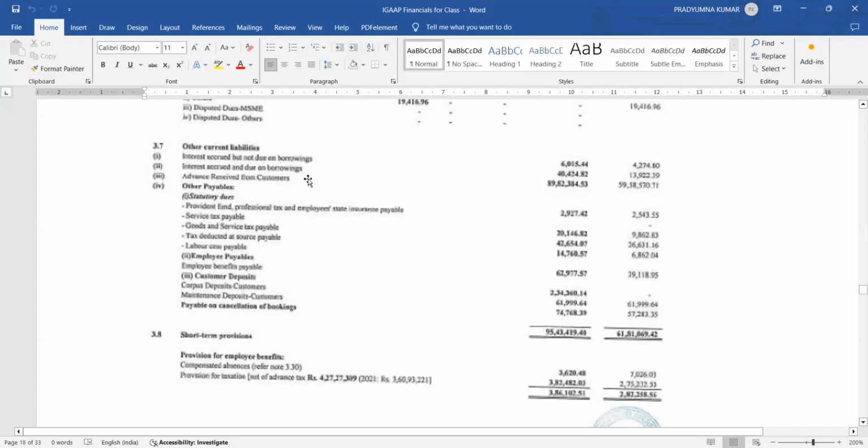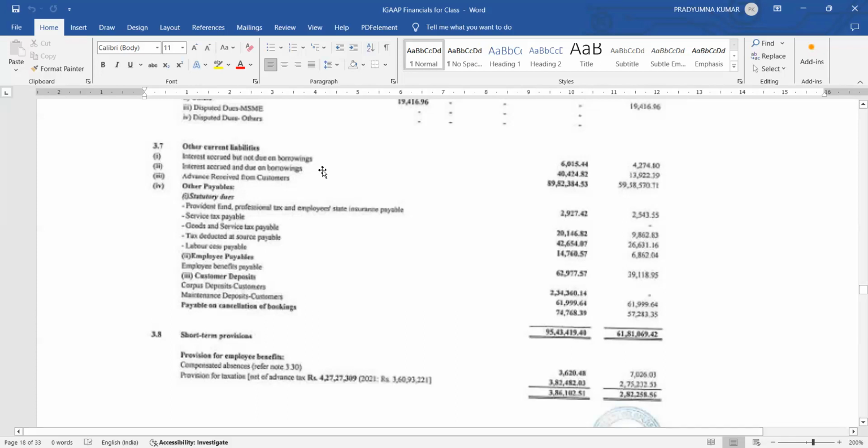What is the difference between interest accrued but not due on borrowings? As per the sanction letter, the interest due will be on a monthly basis. The due date can be anything.